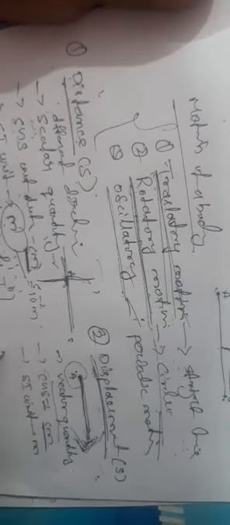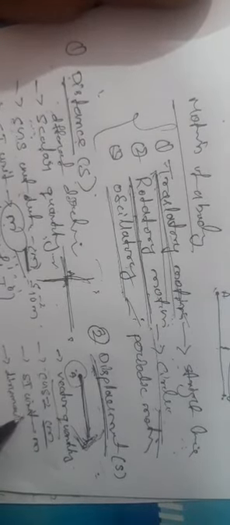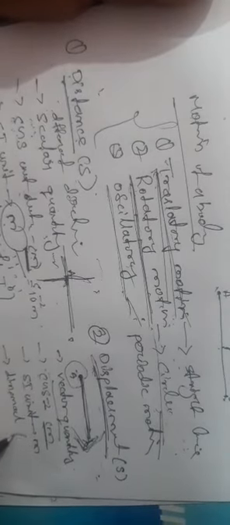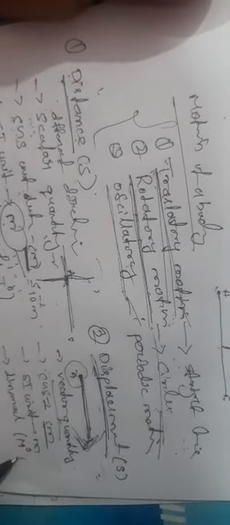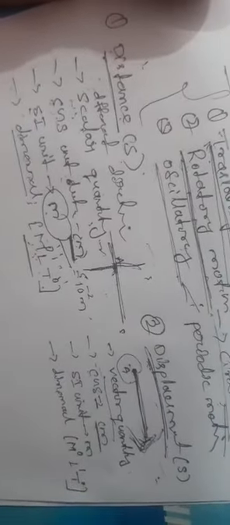How to write the dimensional formula? The dimensional formula is mass power 0, length power 1, time power 0.